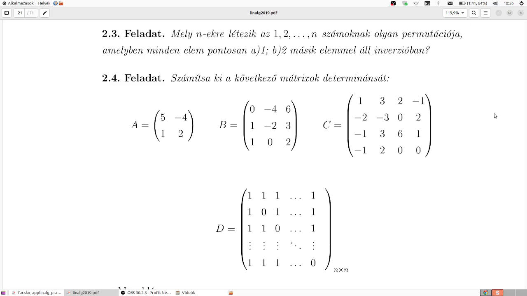Sorry. That was a mug of espresso, actually. Well, this was the Laplace expansion.